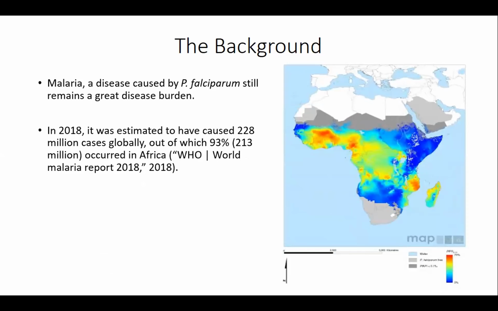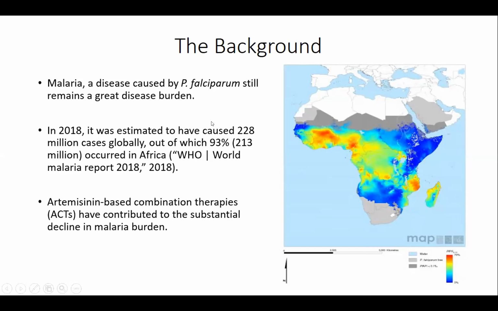Now, the map you can see shows P. falciparum malaria parasite prevalence in Africa and the percentage of children infected with P. falciparum. In blue here are the low areas where we might see 1 or 2 infected children out of 100, while in high areas, which are indicated by red, it might be more than 50. This alone demonstrates how entrenched the disease remains throughout much of West and Central Africa and parts of Southeast Asia.